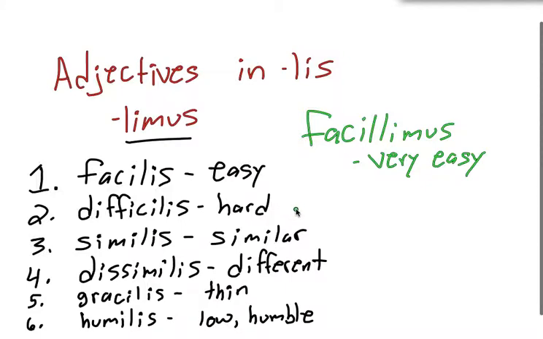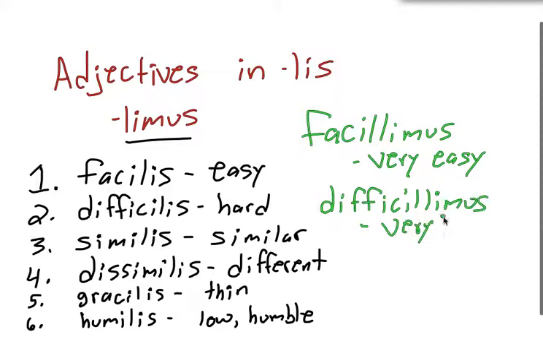The superlative of difficilis would be difficillimus, right? Very hard or most difficult. And all these adjectives do this. So simillimus, dissimillimus, gracillimus, humillimus, okay? But only these 6 do this.